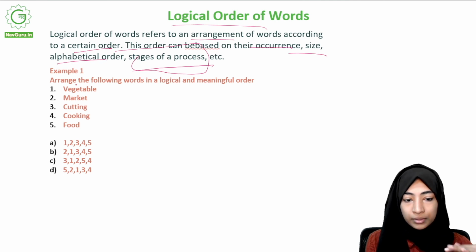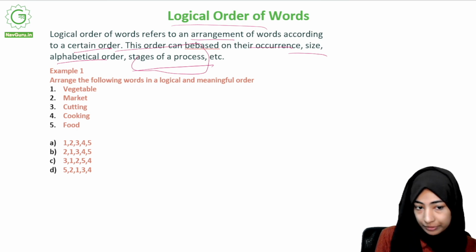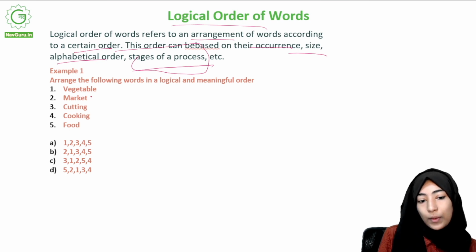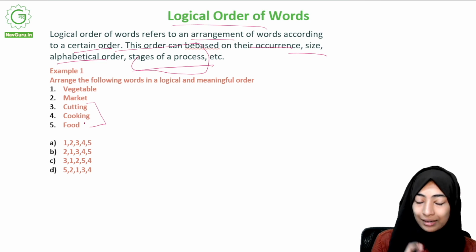So let's just get on to the first example. You have been asked to arrange the following words in a logical and meaningful order. So you have vegetable, market, cutting, cooking, food. From these, cutting, cooking, food, you've sort of gotten it's about the process of cooking food, right from the beginning of actually getting the vegetable.